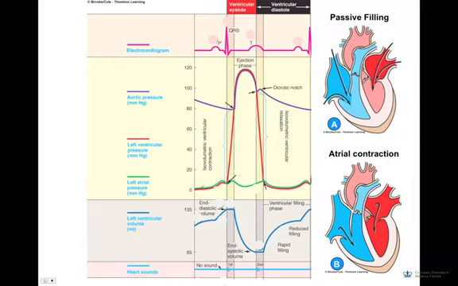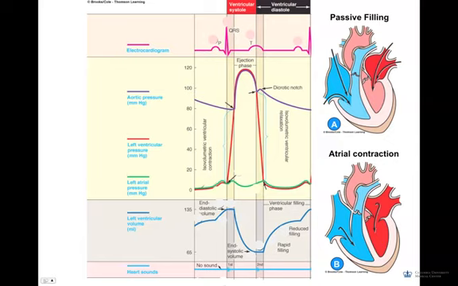So while the ventricles are emptying, those atria are filling, so that as soon as the AV valve opens, there's lots of blood in the atria, and you get this very rapid filling of the ventricles.